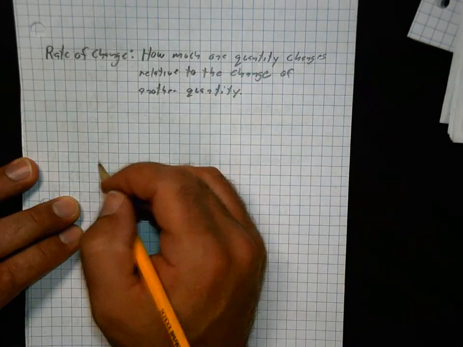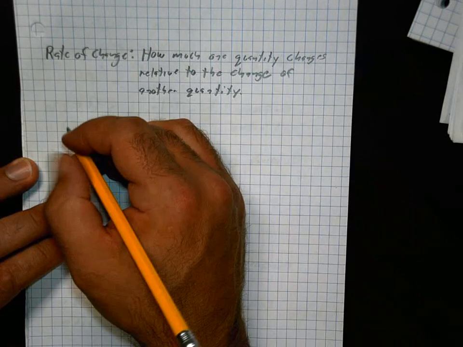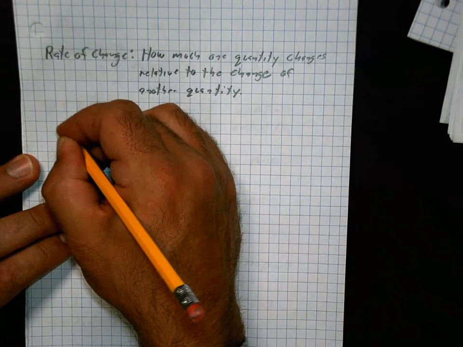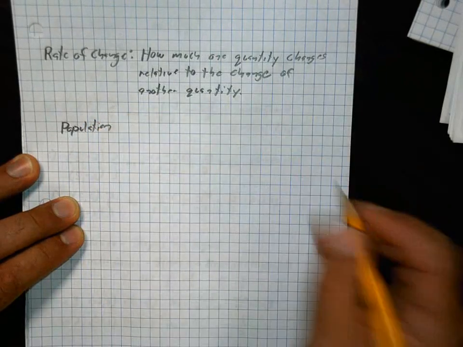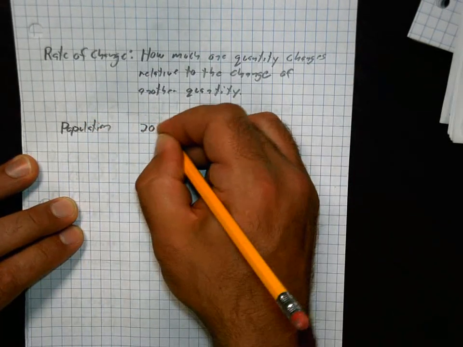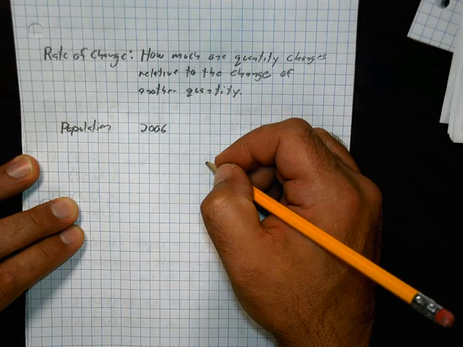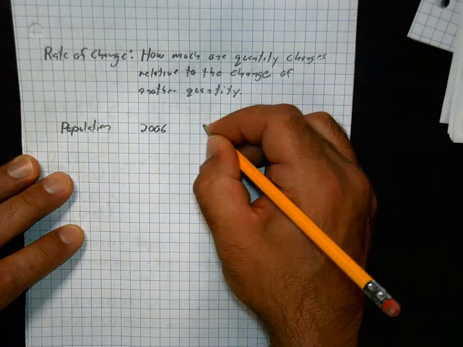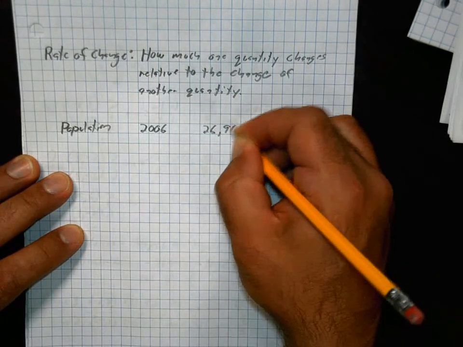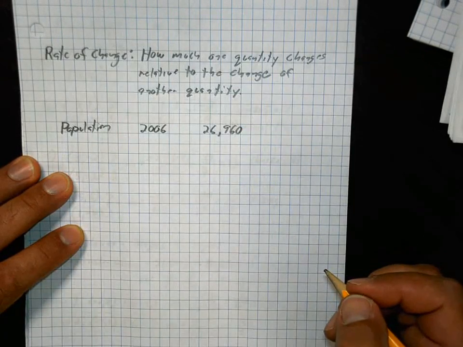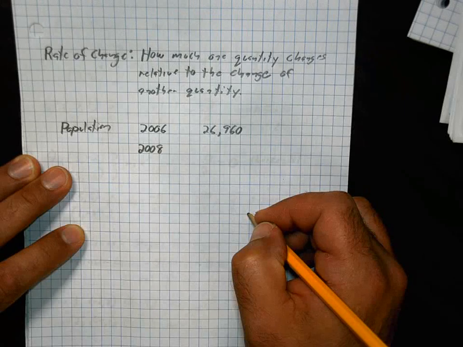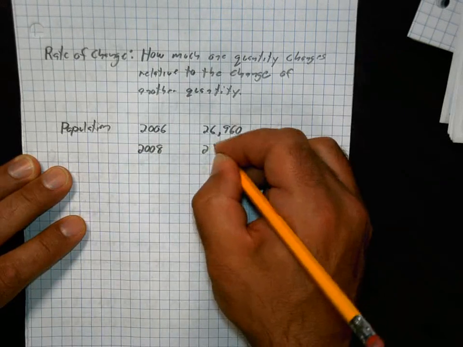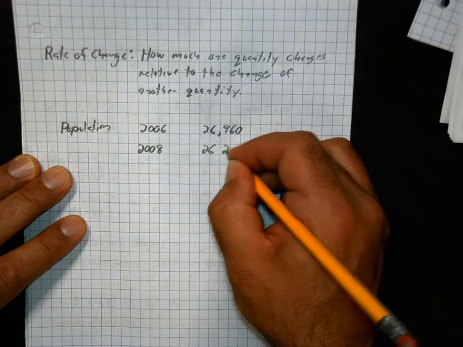In a real world problem, let's look at Superior's population. I looked it up. In 2006, we had a population of 26,960 people. In 2008, we had a population of 26,223.